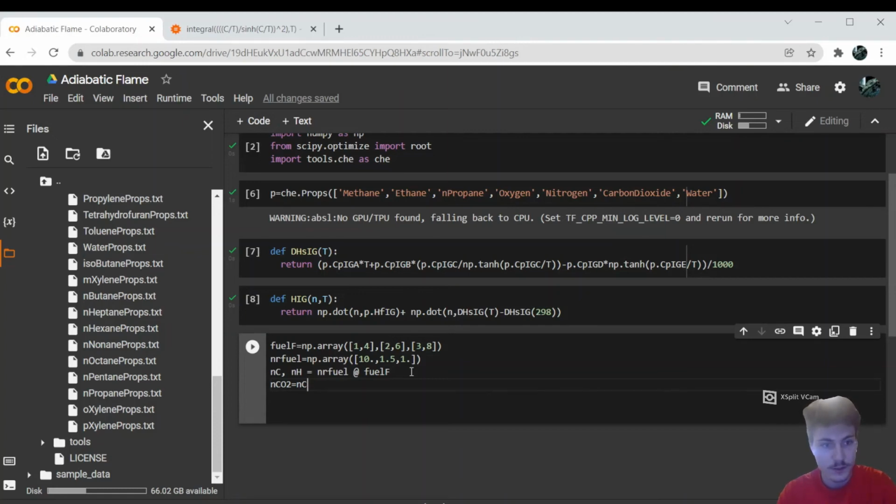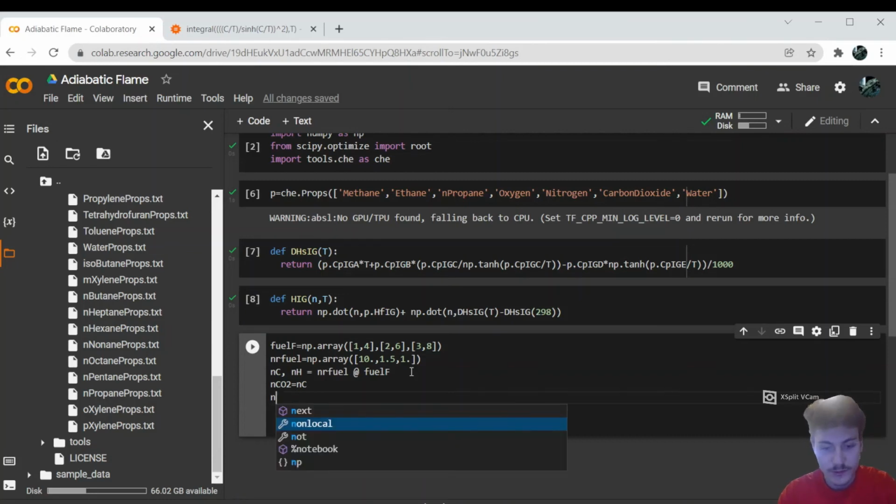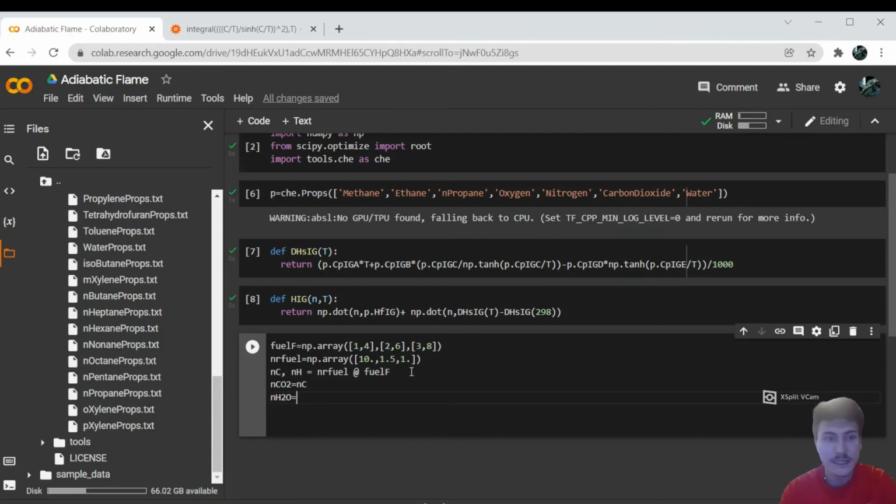There we go. And then the number of moles of water is equal to the number of moles of hydrogen divided by 2, because there's 2 hydrogens per water.